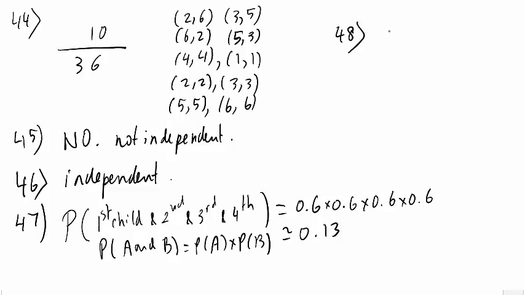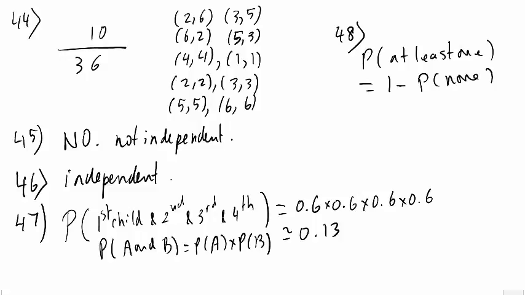So this is what we do. Every time you want to find a probability of at least 1, you do the complement, which is 1 minus the probability of none. So I'm going to find the probability of no heads, and then I do 1 minus that to get my answer. What's the probability of no heads? It means the probability of all tails.